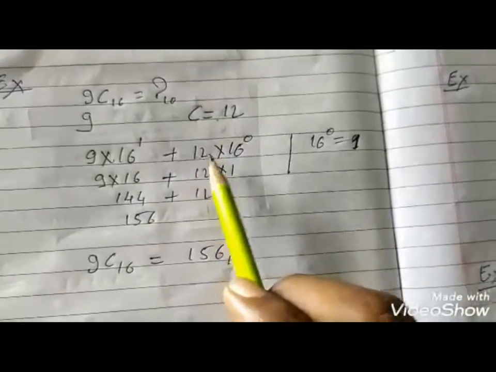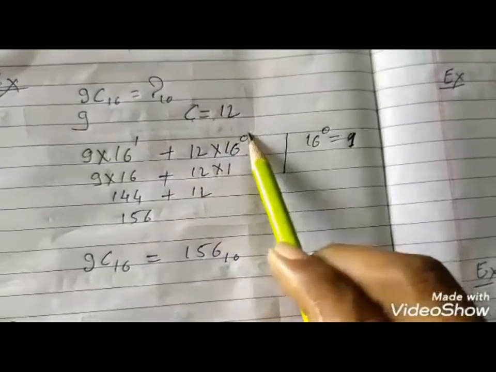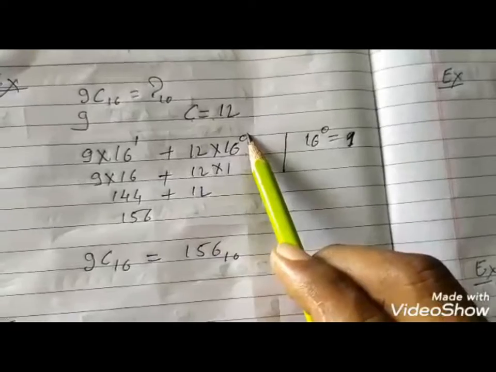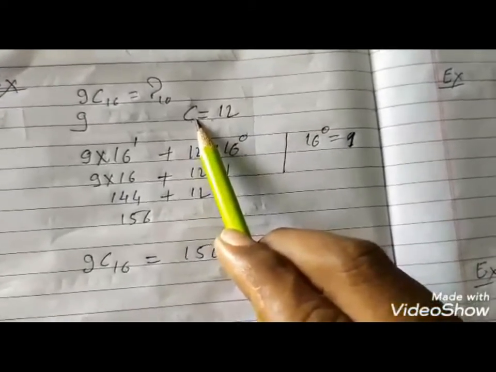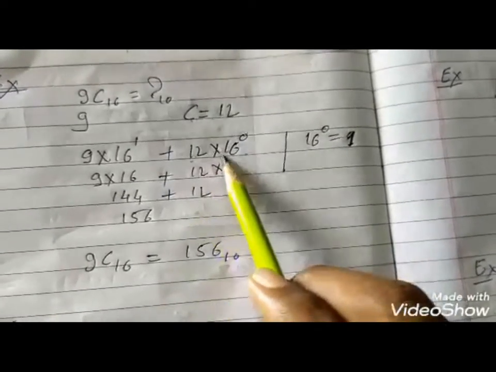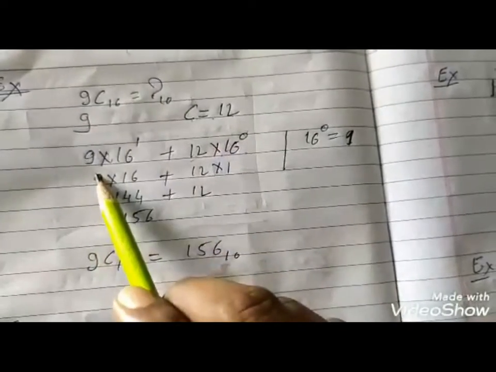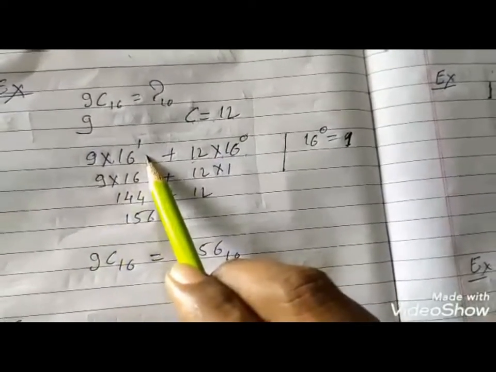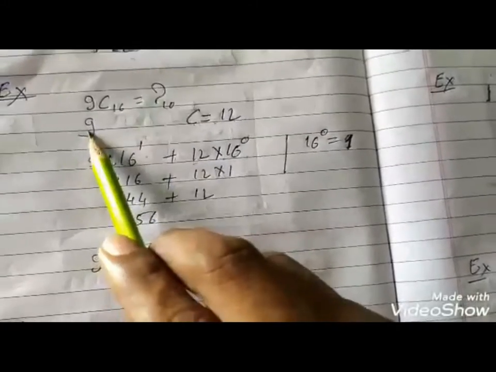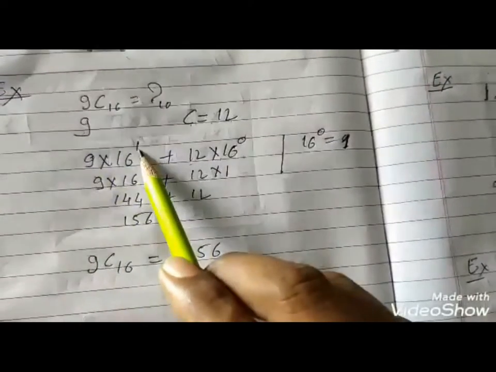So 12 multiplied by 16 power 0, because its position is 0, plus 9 multiplied by 16 power 1. Its position is 1, so power is 1.